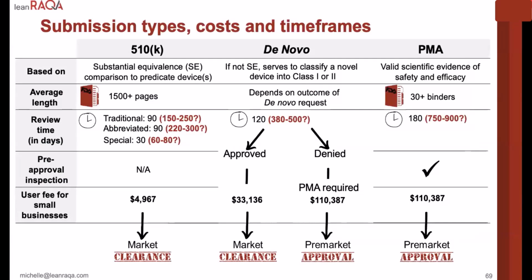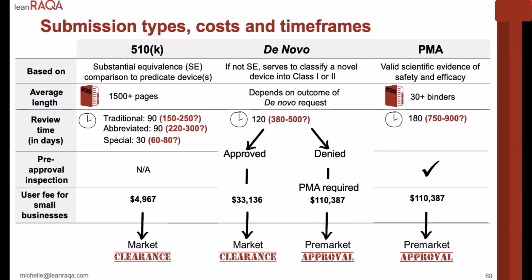So if we look at how the submission types, cost, and timeframes compare, the 510K is based off of substantial equivalence comparison to a predicate. It's at least 1,500 plus pages. The traditional 510K FDA clock days are about 90, but the turnaround time for 510Ks, the actual agency decision date, is about 200 days.